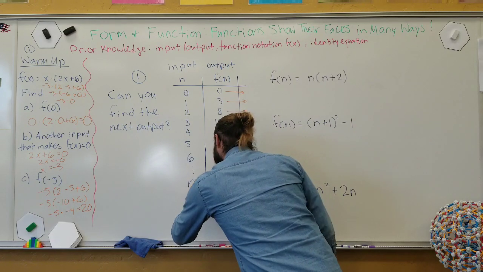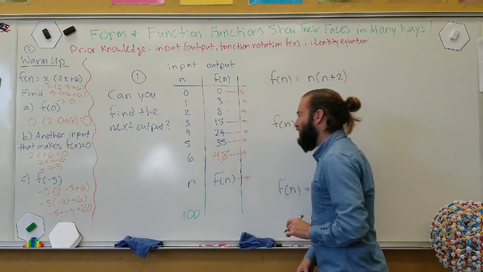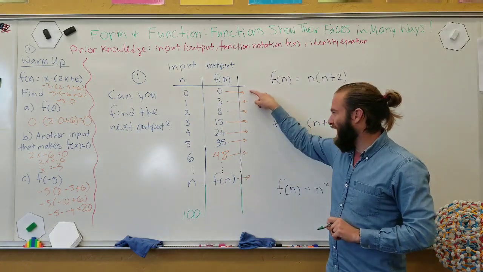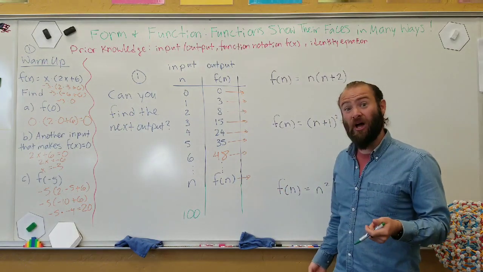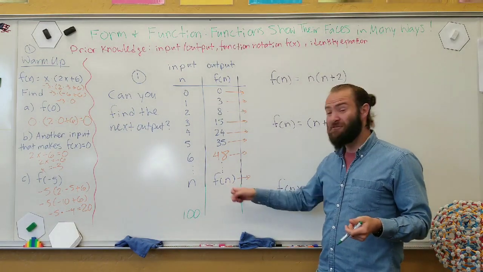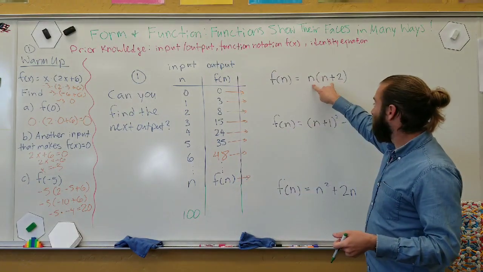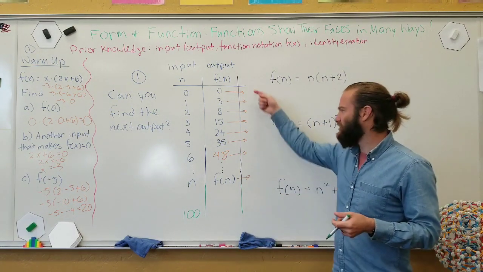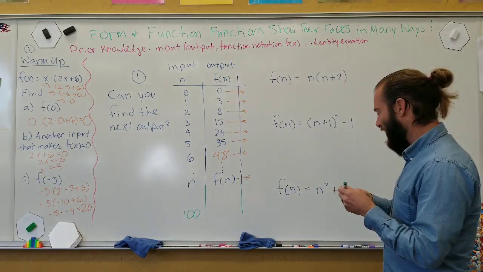What if I asked you to extend the table all the way down to when n is 100? It'd be a real pain to keep that adding pattern going all the way until I get to 100, right? So having a formula is great because then you can plug 100 in for n and do the calculation like that without having to do all that adding repeatedly over and over, or whatever the pattern is, right?